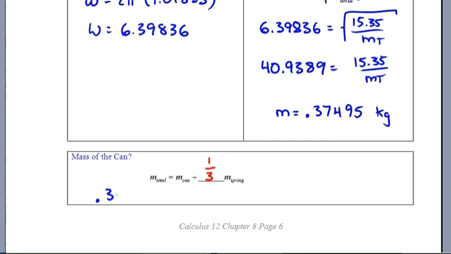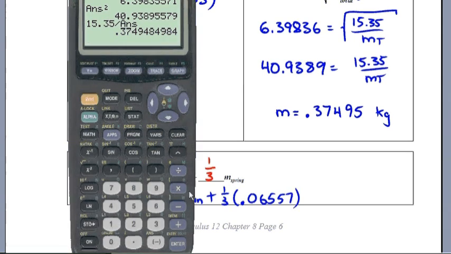So 0.37495 is going to be the mass of my little can of water plus 1/3 of 0.6557. Okay, so subtracting off 0.6557, cut by 1/3. 0.35309.